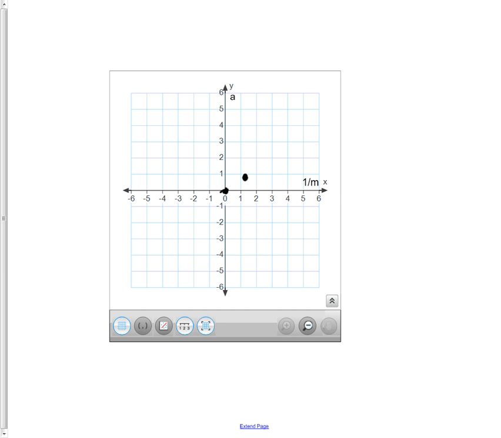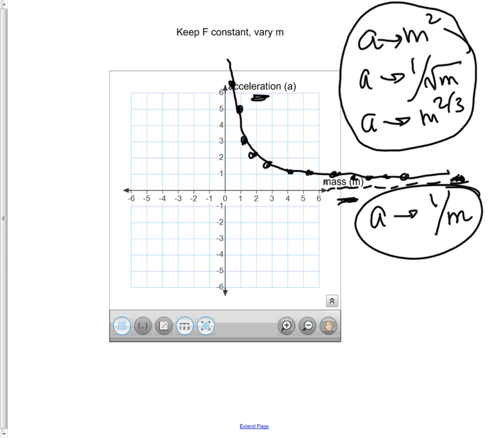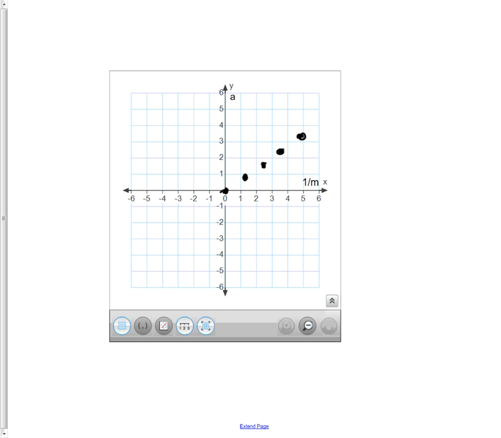And now as I keep going to smaller and smaller masses, I go to bigger and bigger accelerations. If I take those data that were on the previous page and plot them now, lo and behold, I get a beautiful straight line.